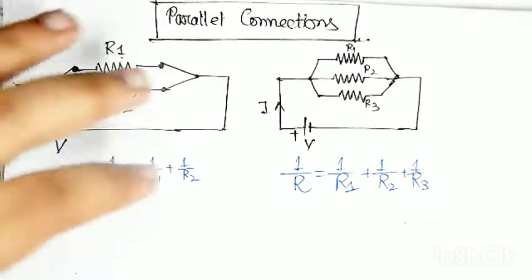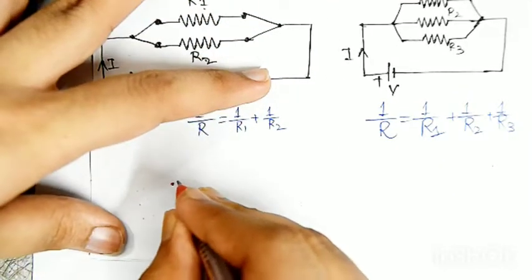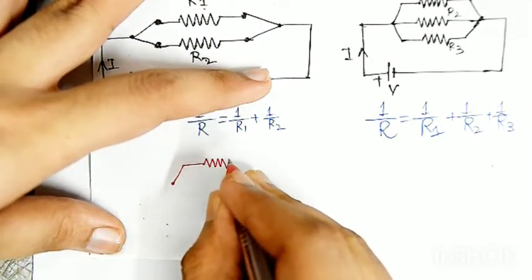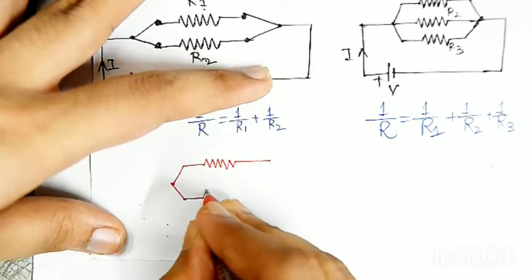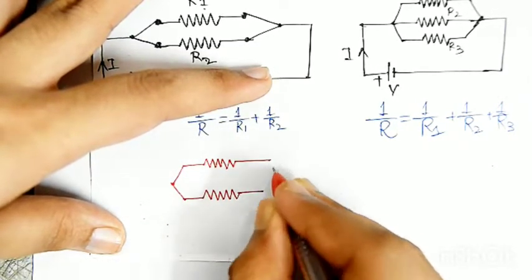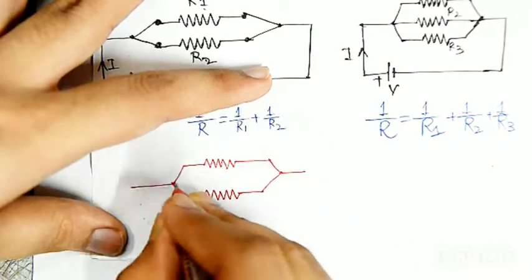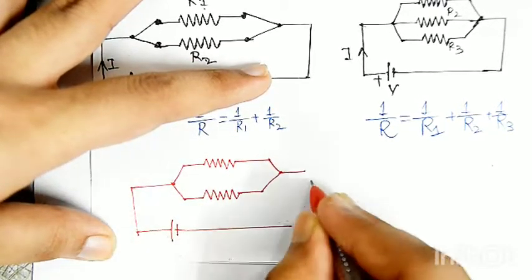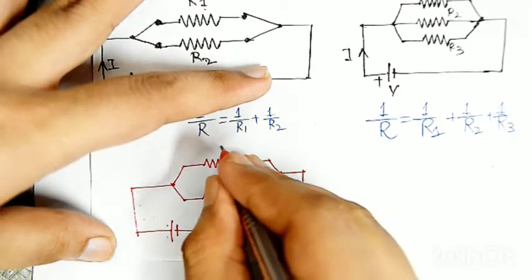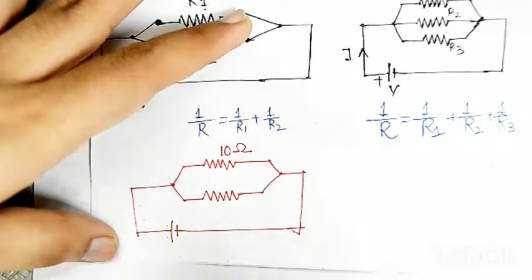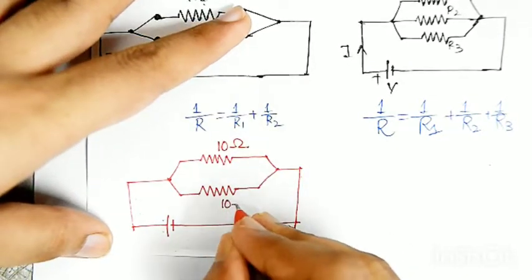Just like if I am giving you a combination of resistances like this. The first resistance you join in the circuit is 10 ohms and the second resistance you join is also 10 ohms.